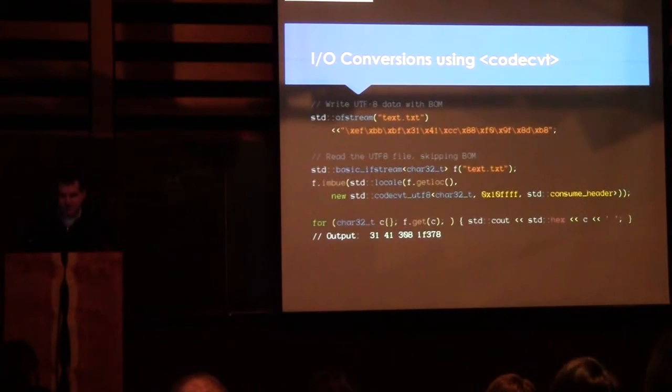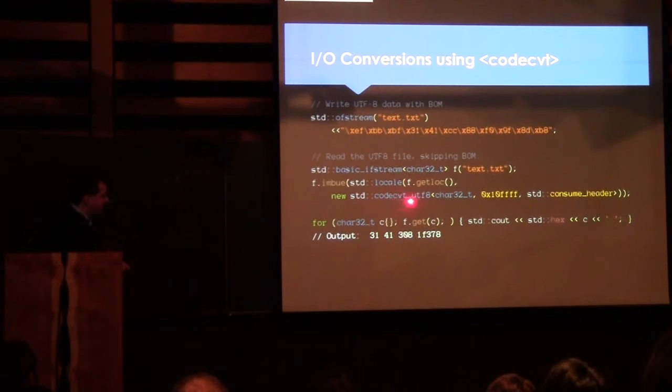Similarly, you can actually do transformations using the I/O streams by imbuing a custom locale with a code conversion facet. So for example, in this program I write out binary data, which happens to be UTF-8 data. You'll see I include the byte order mark, the UTF-8 byte order mark, and then a sequence of UTF-8 data.